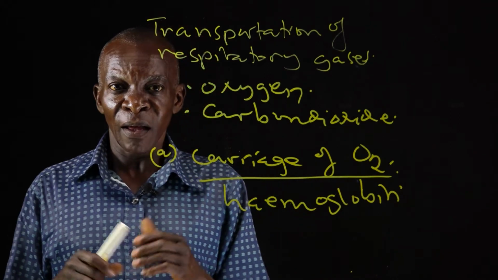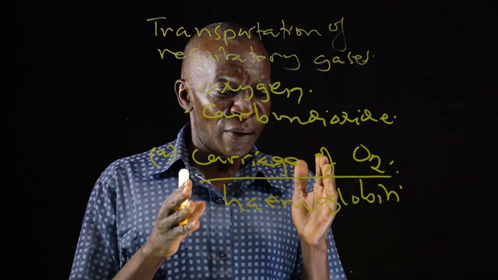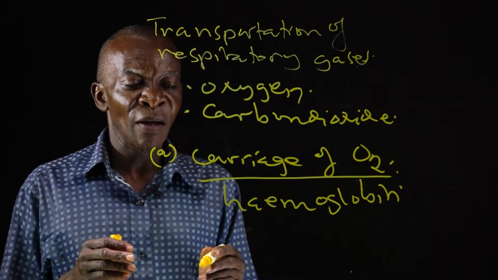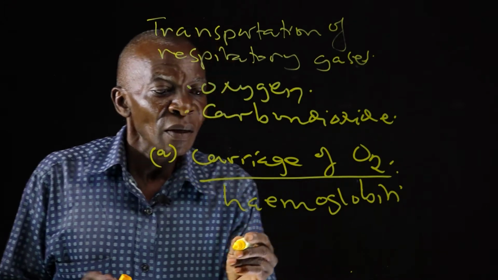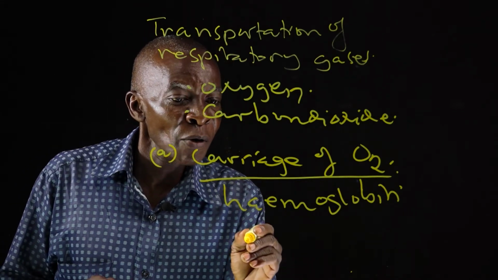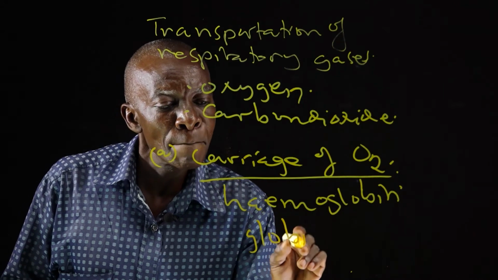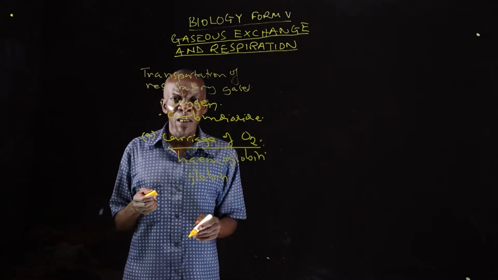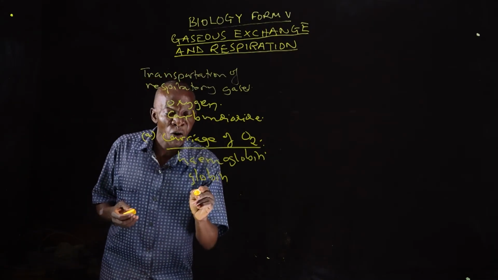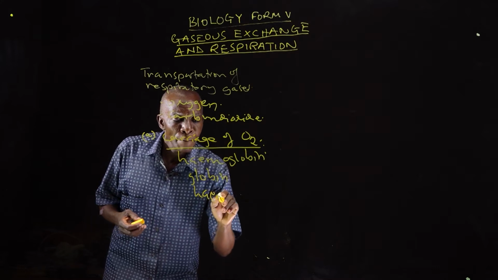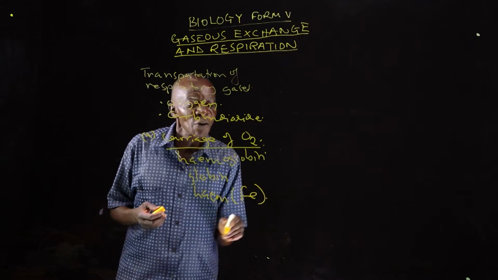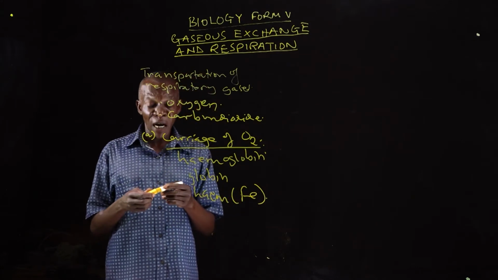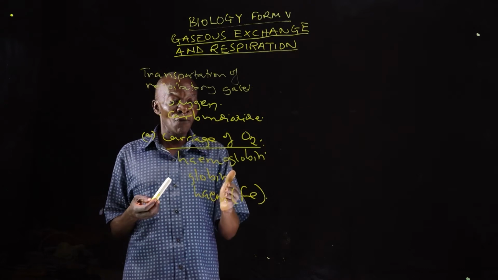It is a conjugated protein that is made up of a pure protein component called globin and a non-protein prosthetic group. This is an iron-containing prosthetic group, a non-protein group of a protein.